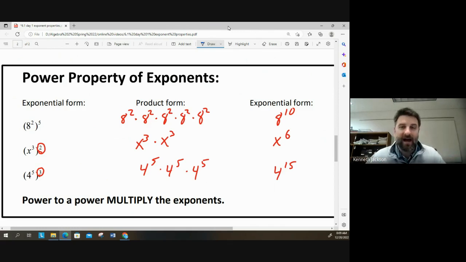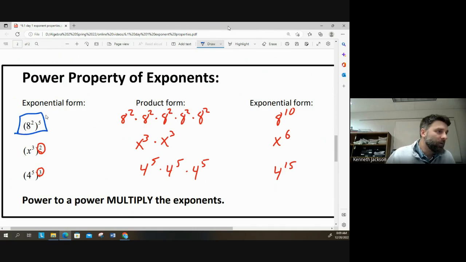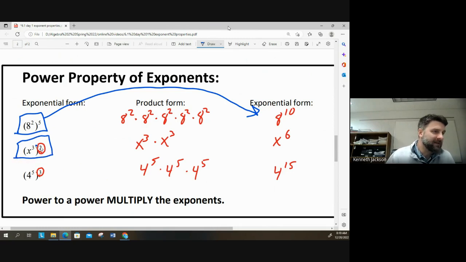Now this power property of exponents is such a shortcut. It's how exponents operate. How can I get from here without writing down all of the product form to end up here? Because I know I can add all of them, but is there a way that I can combine 2 and 5 to make 10? We can multiply. 2 times 5 is 10. And we see this on all 3 examples. 3 times 2, if I were to multiply 3 times 2, that would give me x to the 6th. 5 times 3, 4 to the 5th to the 3rd.